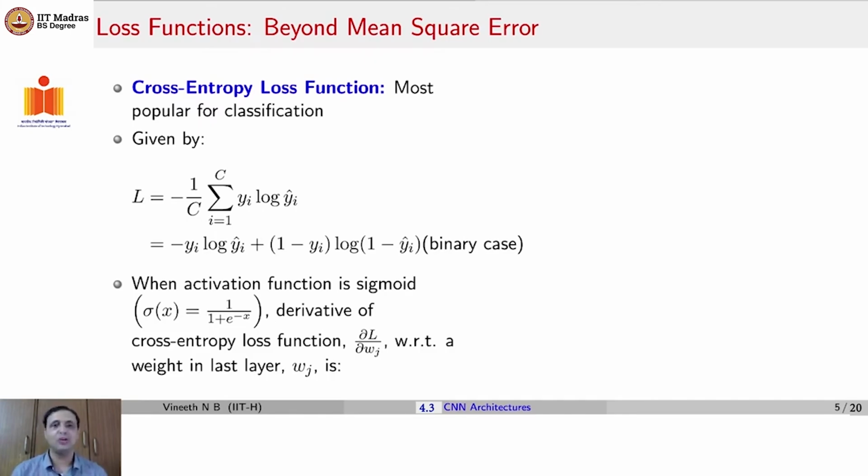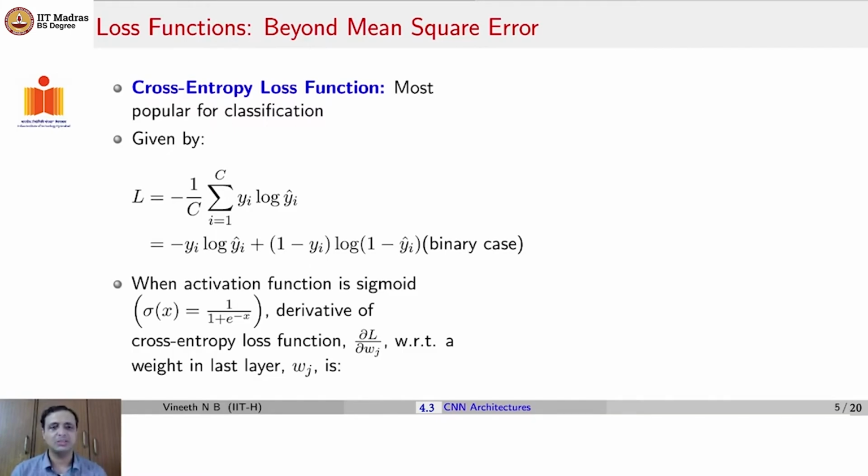When we discussed feed-forward neural networks, we took the loss function as the mean squared error, which was fine for that time. But when you are working on a classification problem, mean squared error may not be the right choice of loss function. Mean squared error works better for regression problems.